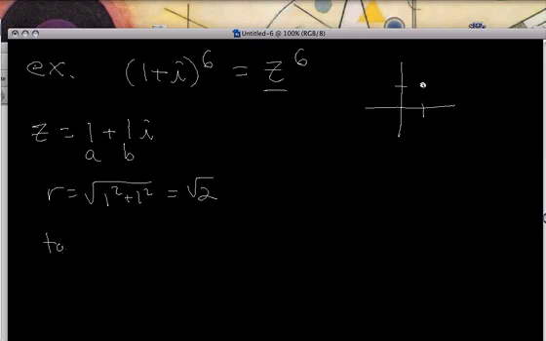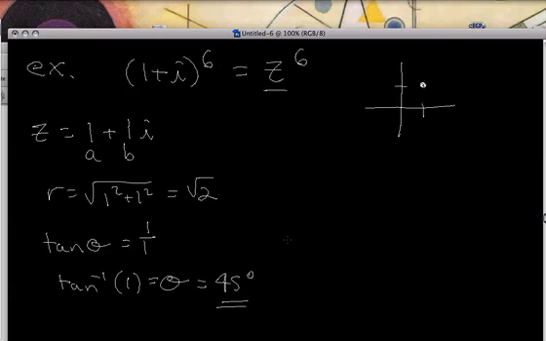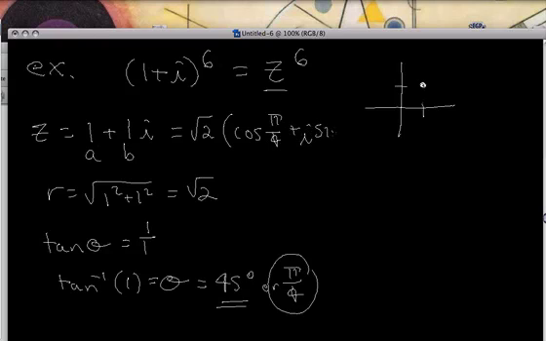And the argument is given by tangent of theta is b over a, so 1 over 1, or inverse tangent of 1 equals theta. And 45 degrees turns out to be the one that we're looking for, or pi over 4 if you're doing it in radians. Let's write it in radians, actually. So if we're going to write our z in trigonometric form, we would write that as root 2 times cosine of pi over 4 plus I sine pi over 4.